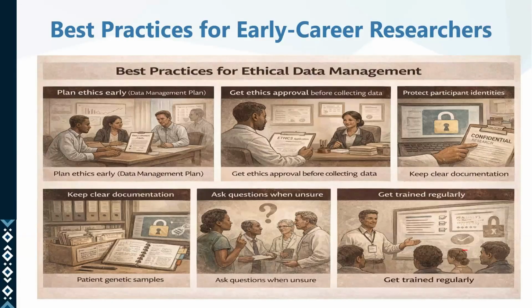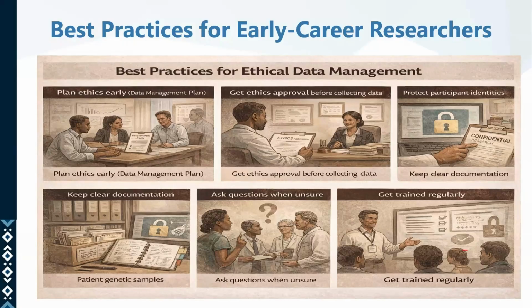So the best practice to adopt when it comes to ethical data management, first of all, is to plan ethics early. We can use the data management plan, which is a document that explains what data will be collected, how those data will be stored and protected, who will access it, how it will be shared later on, and for how long it will be kept.